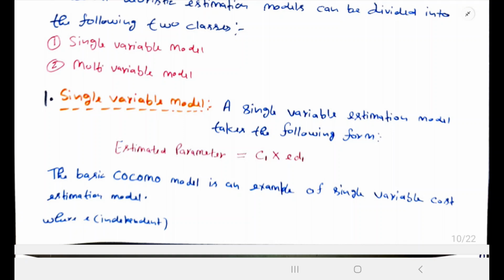Here is an equation: estimated parameter equals C1 times E to the power D1, where E is the independent variable and C1 and D1 are constants. The basic COCOMO model is an example of a single variable cost estimation model.